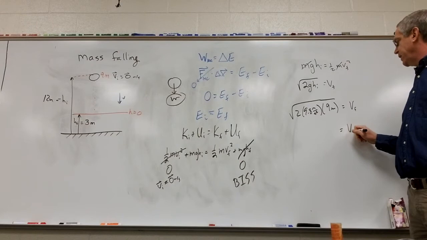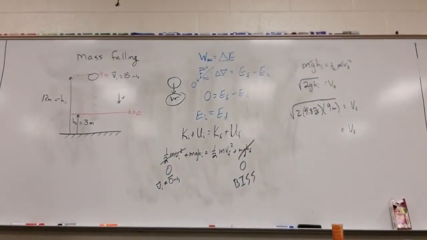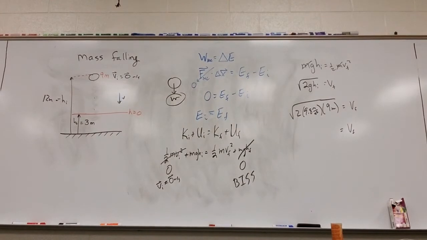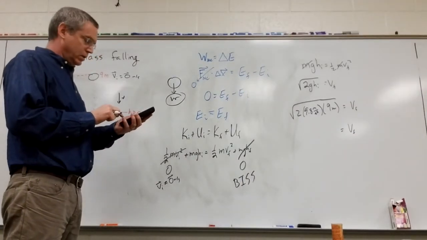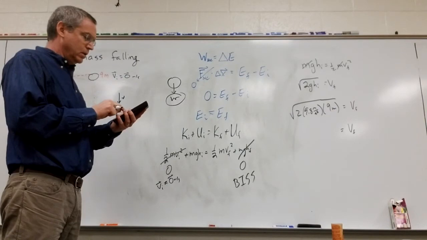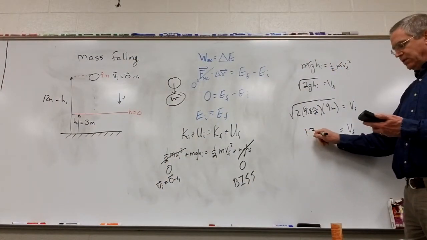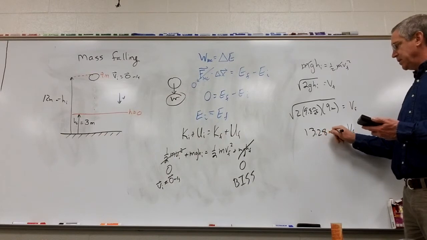And so v final becomes, let me grab a calculator from over here. To enter 9.8 times 9 times 2, square root. And I get a final speed of 13.28 meters per second.